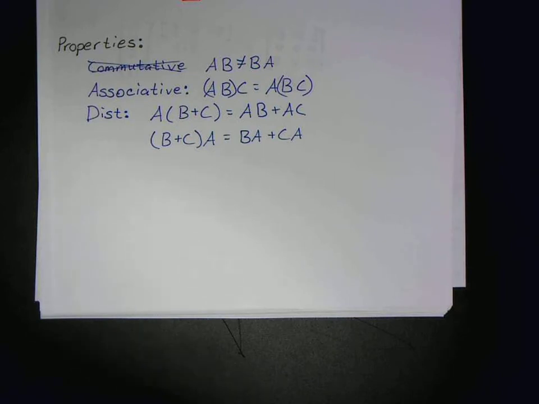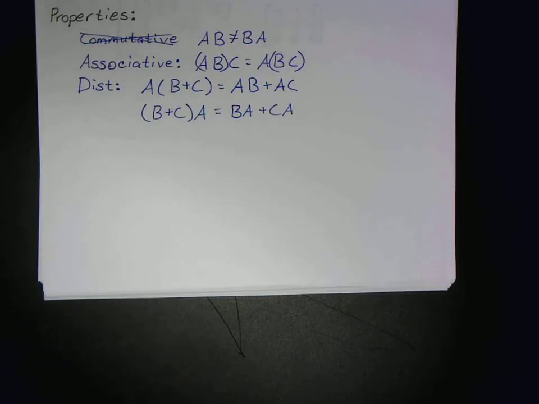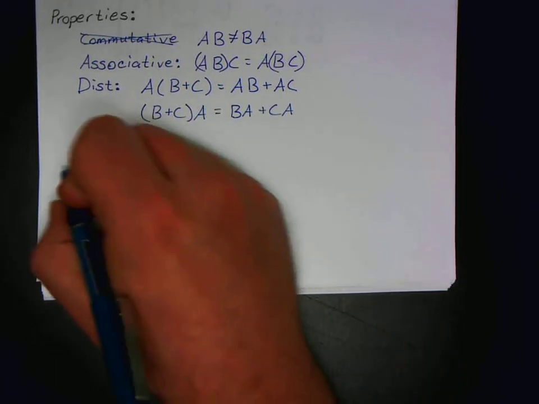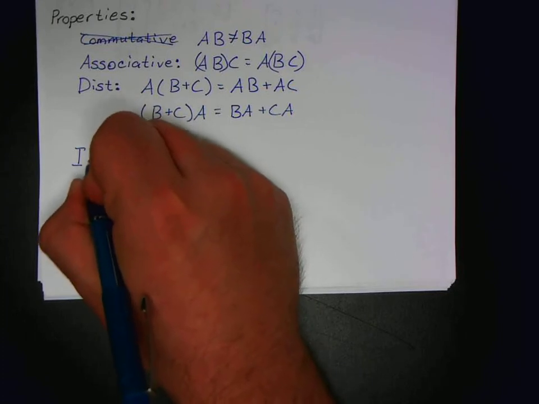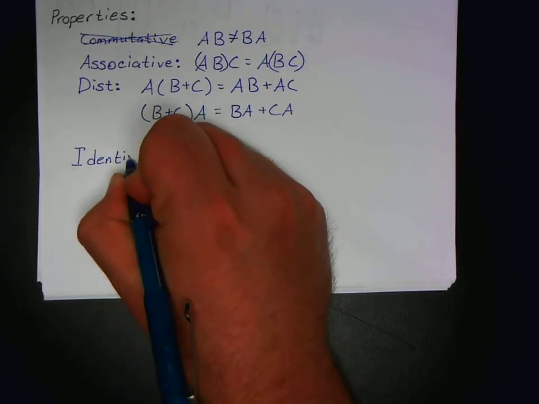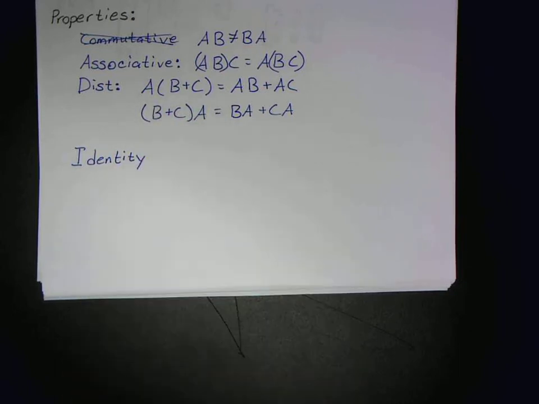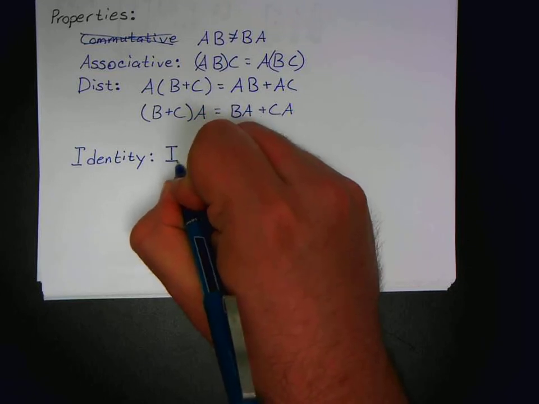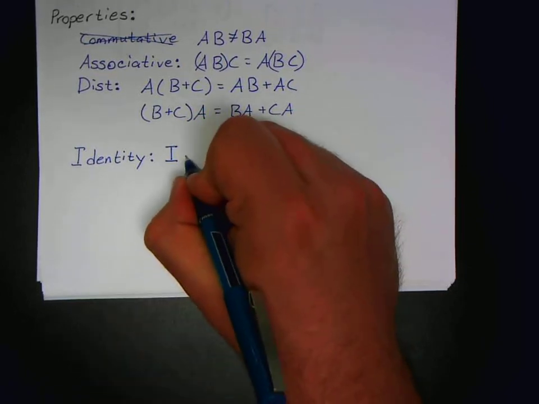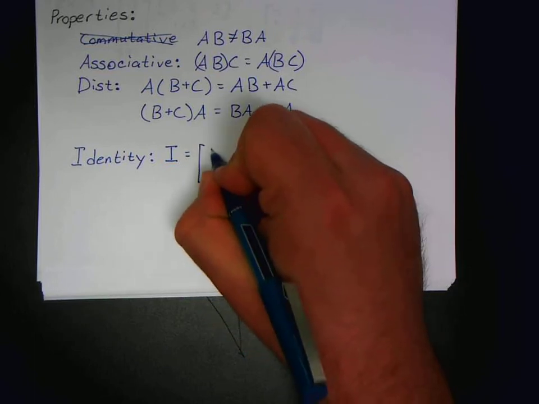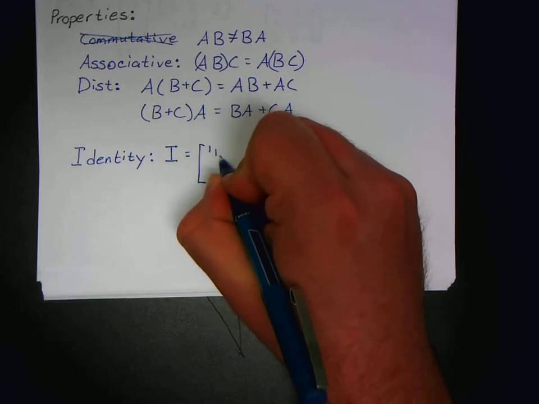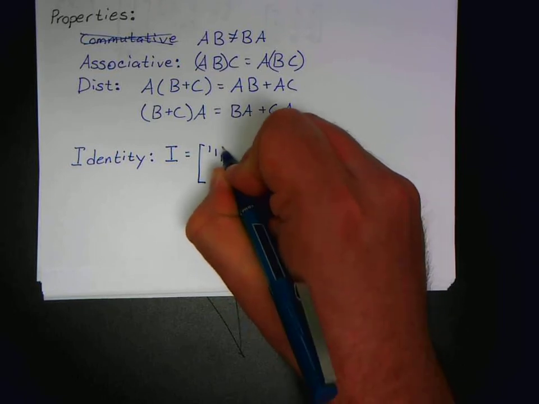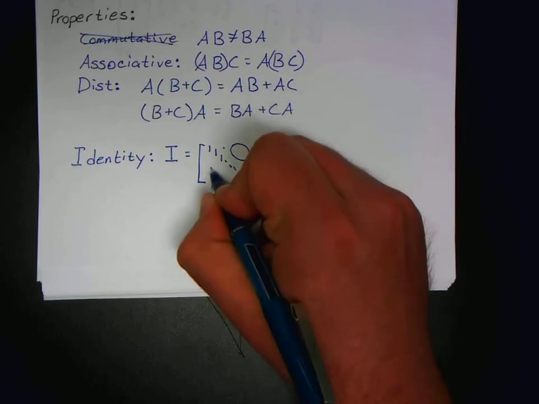And we have one other thing. In multiplication, it's very important to be able to multiply by 1 and get the same thing back. So in matrices, it's important to be able to do that also. And we call that the identity matrix. We use an I to represent it. Whatever size it is, it has ones down the diagonal and zeros every place else.